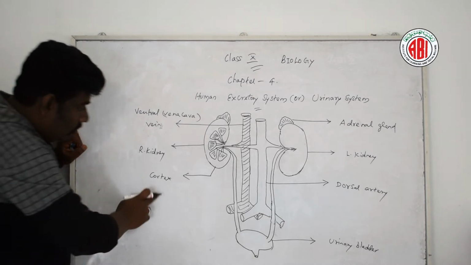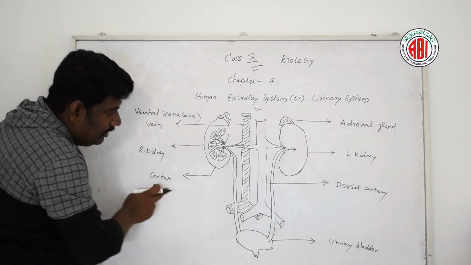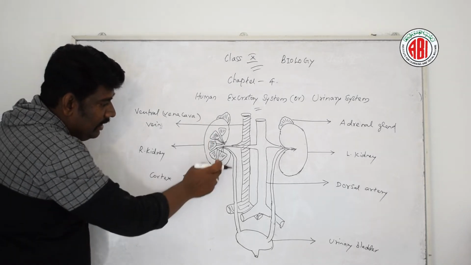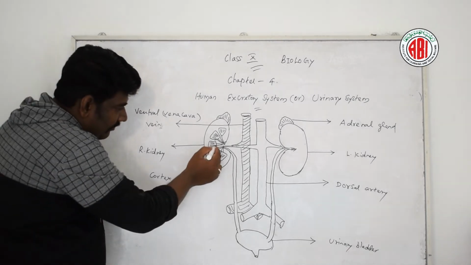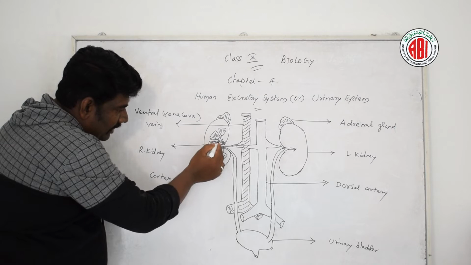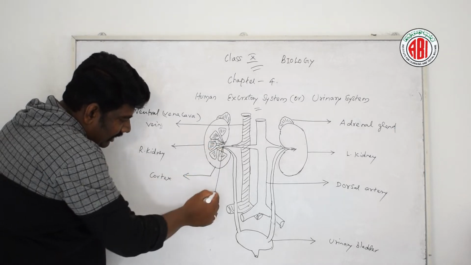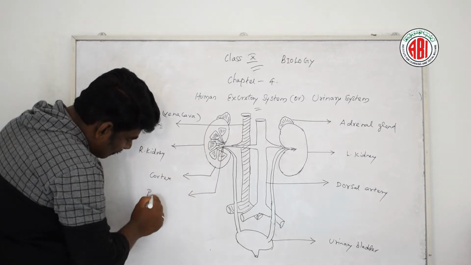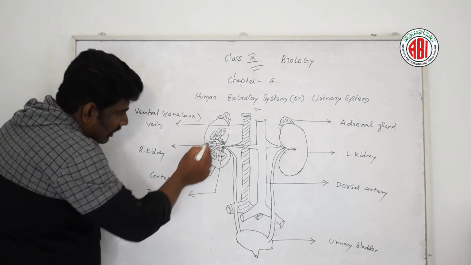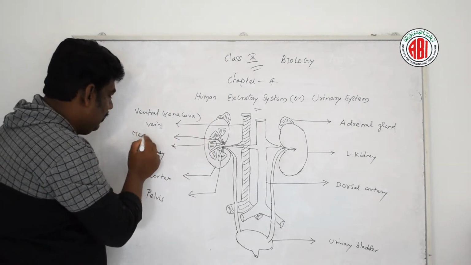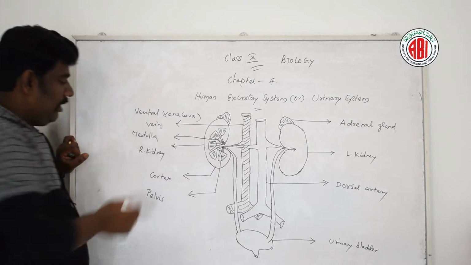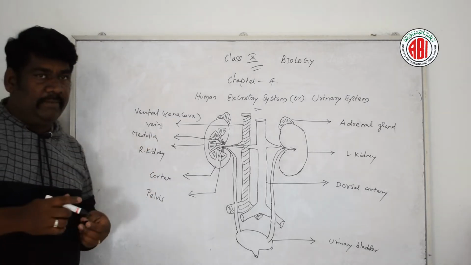The cortex is on the outermost layer, with a pale color. Inside we can see a somewhat thick color, that is called the pelvis, and the middle part is called the medulla. Cortex, medulla, pelvis: three labelings are done.